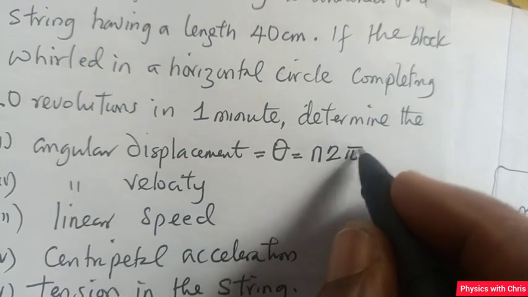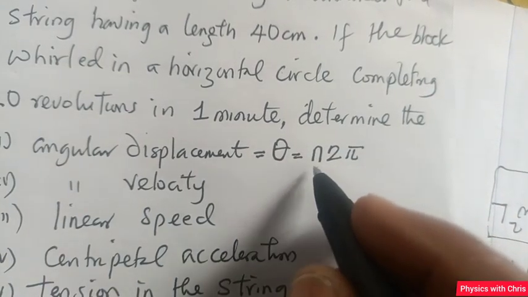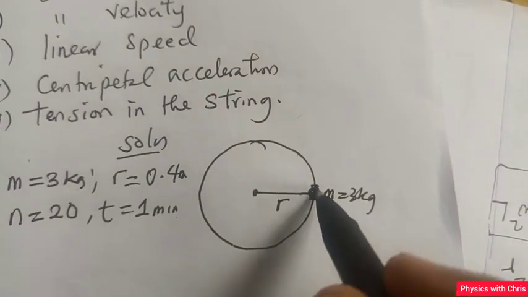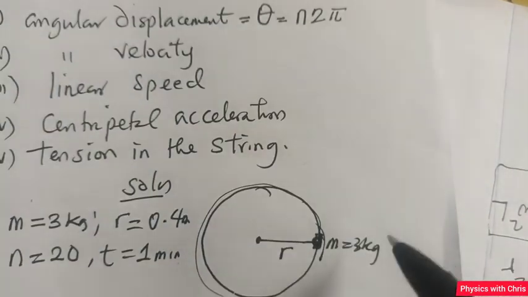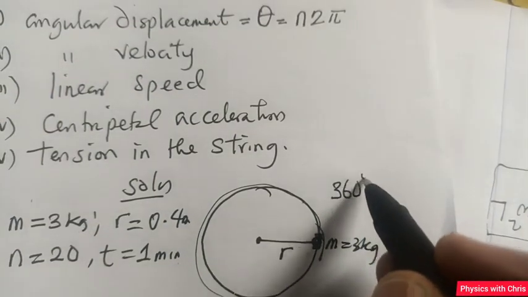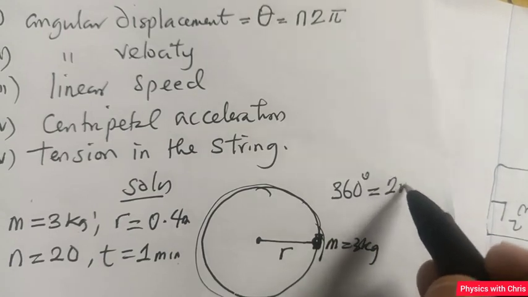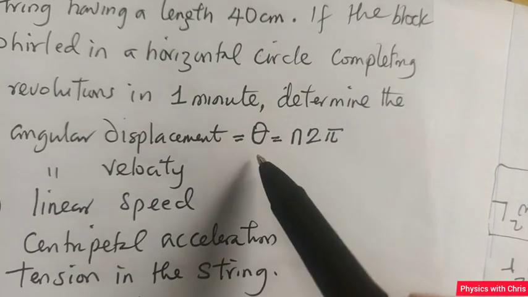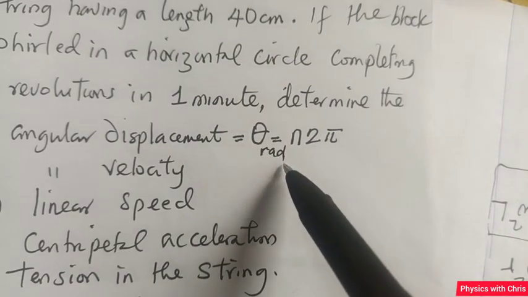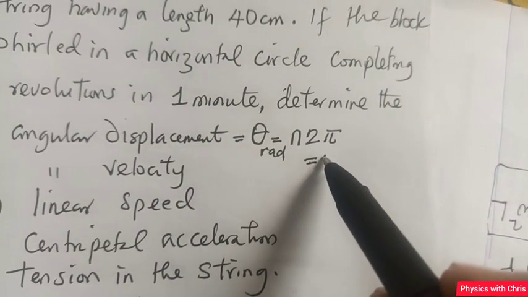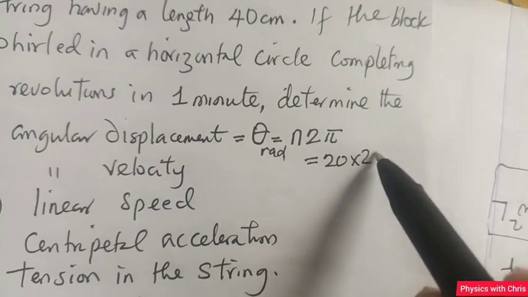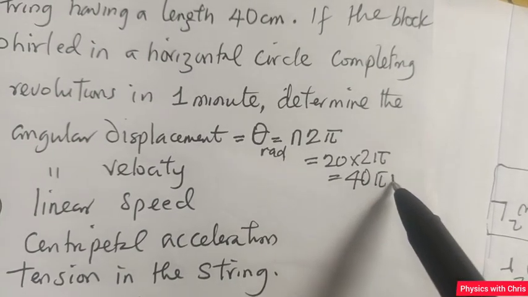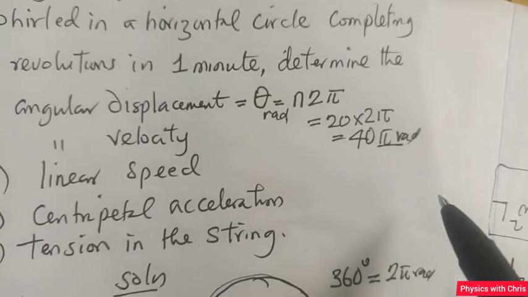Why is this 2 pi? Because for one revolution, the total angular displacement described by the body when it makes one complete circle is 360 degrees, and 360 degrees is equal to 2 pi in radians. That's why we have this pi here, because theta is always measured in radians. So that will give me 20 times 2 pi radians, which is 40 pi radians. So that's the total angular displacement.